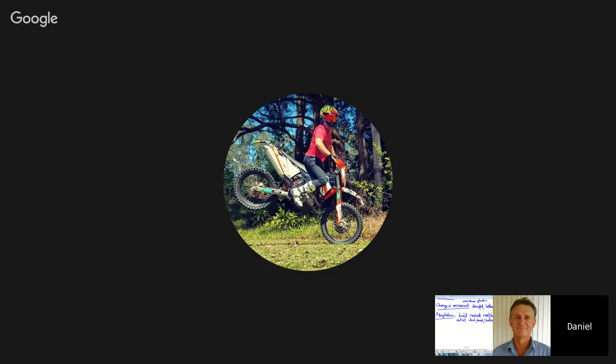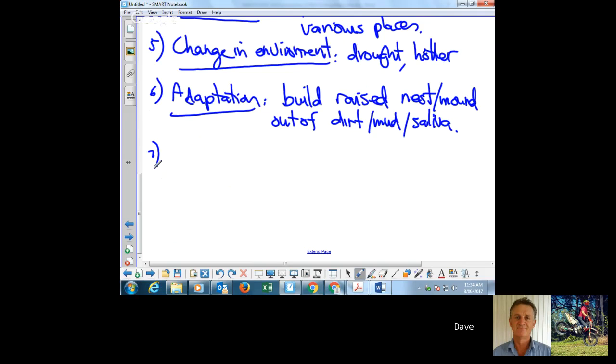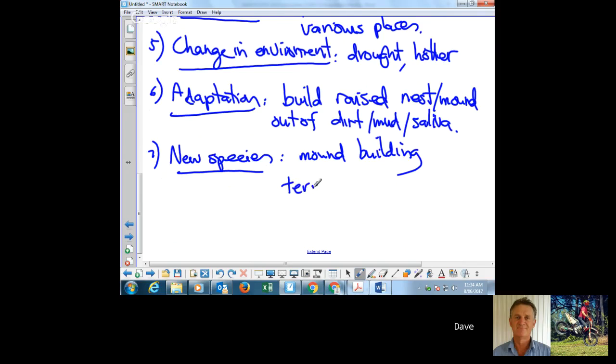And so now we have out there a new species. These mound building termites can now survive, and they populate the area.